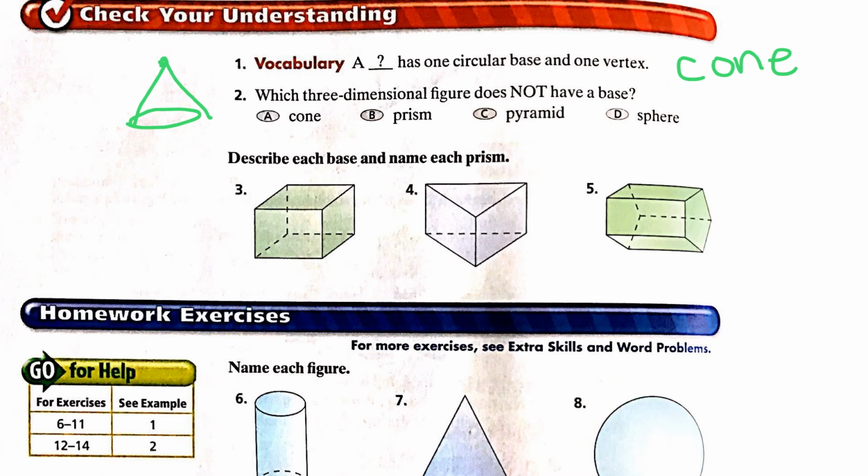A pyramid would be like a triangular pyramid. Also has a base. But then there is a sphere. This is what a sphere looks like. It's basically like a soccer ball or a softball. So a sphere does not have a base.